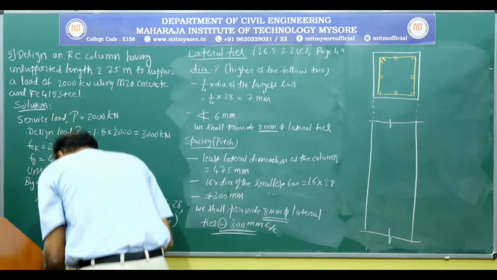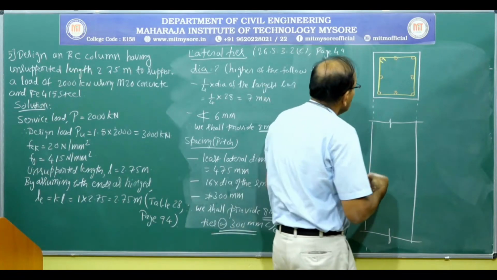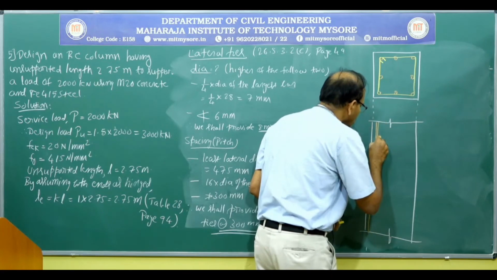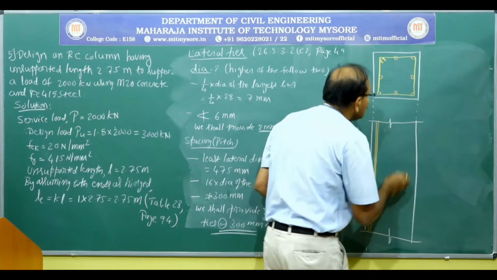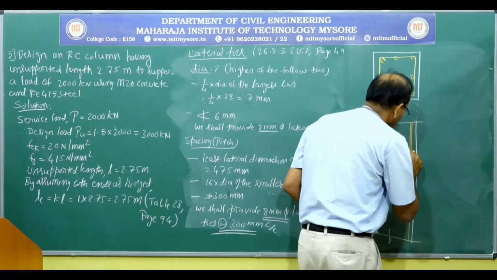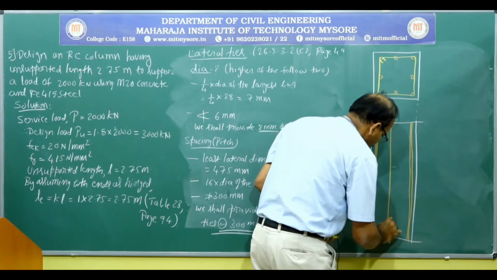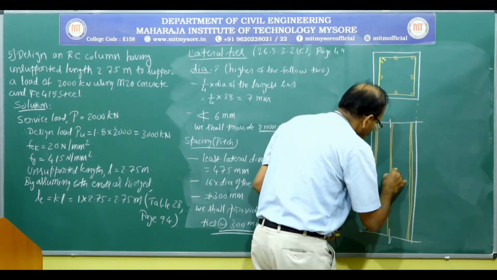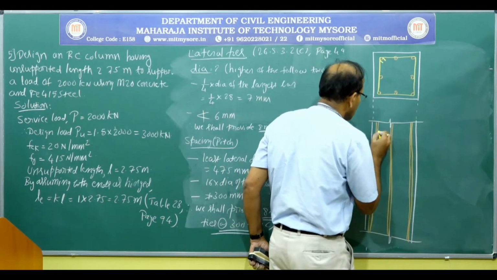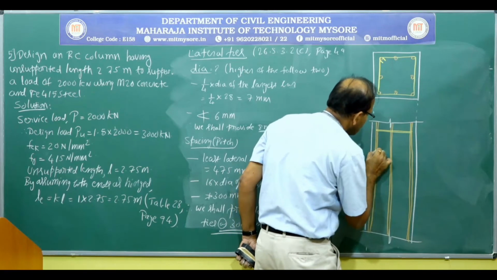These are the main bars or longitudinal bars, and the lateral ties go like this.